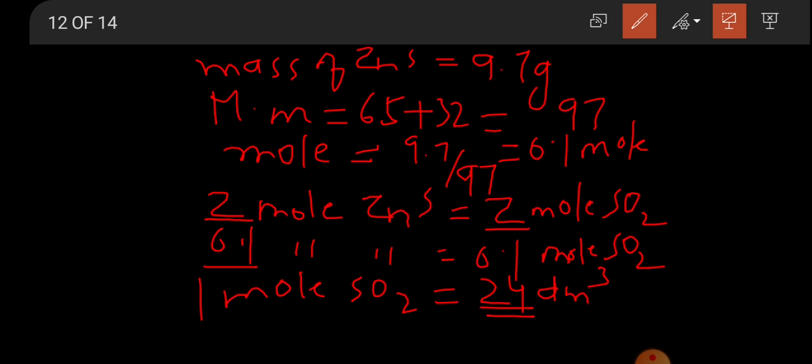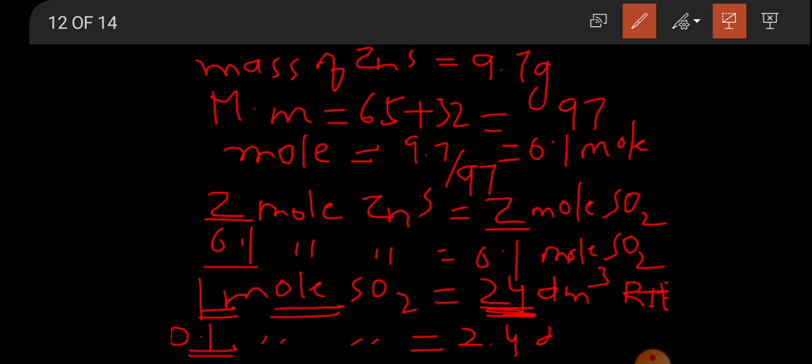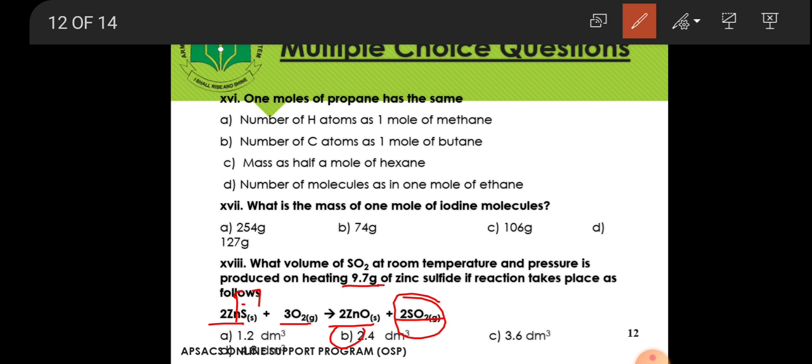At standard temperature and pressure 1 mole of any gas occupies a volume of 22.414 decimeter cube, but at room temperature and pressure any gas, for example sulfur dioxide gas, 1 mole occupies a volume of 24 decimeter cube. So if 0.1 moles of sulfur dioxide are present, then what is the volume that is occupied? 24 divided by 1 multiplied by 0.1. The answer will be 2.4 decimeter cube. So B part is the correct answer in this question.